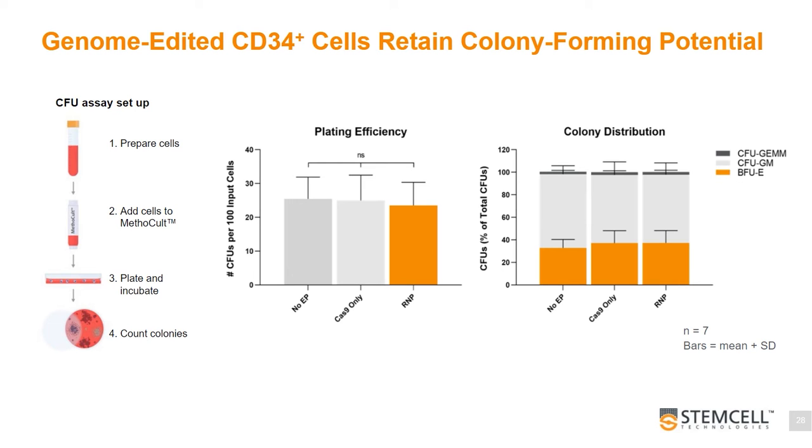The colony counts indicate that gene-edited HSPCs retain their colony-forming potential, as shown by the middle graph, and cell plating efficiencies, as well as colony distribution, shown in the far right graph, in regards to percentage of cells giving rise to erythroid, myeloid, and mixed colonies.